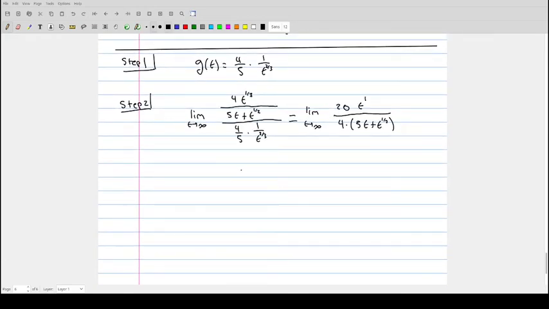And we could evaluate this limit. This is an indeterminate form of the form infinity over infinity, because the limit of the numerator is infinity and the limit of the denominator is also infinity.